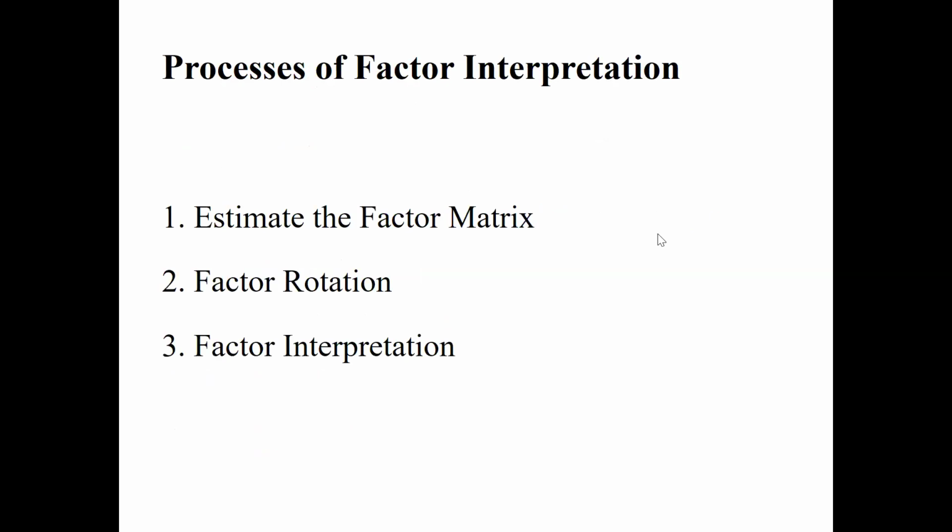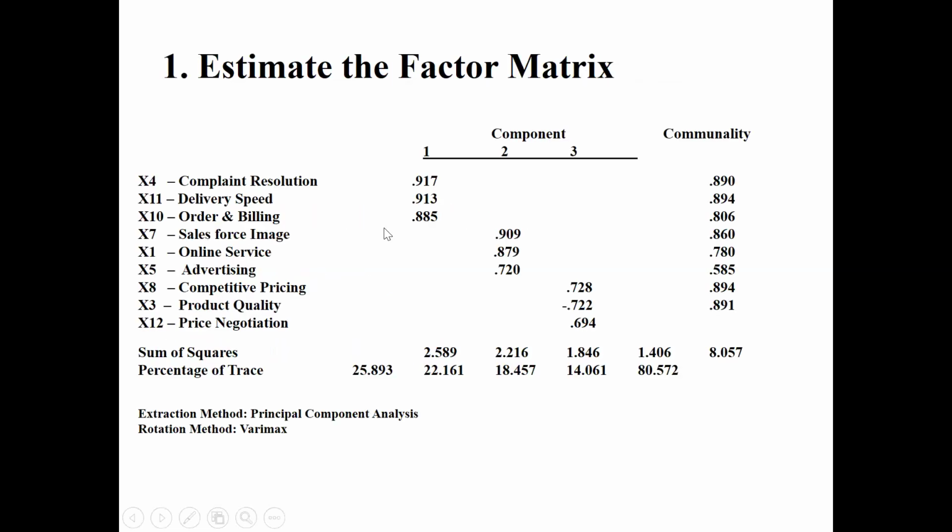Now the process of factor interpretation: how to interpret and how to name the factors. There are 3 steps: estimate the factor matrix, factor rotation, and factor interpretation. What is the factor matrix? After EFA, exploratory factor analysis, we obtain this factor matrix.